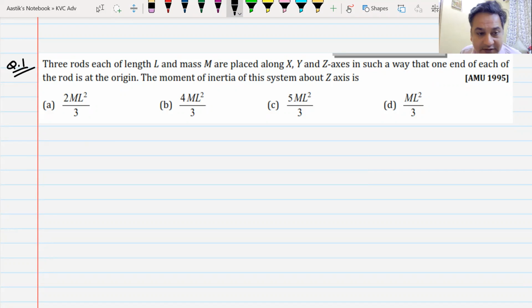3 rods, each of length L and mass M, are placed along X, Y, and Z axis in such a way that one end of each of the rods is at the origin. What is the moment of inertia of this system about the Z axis?